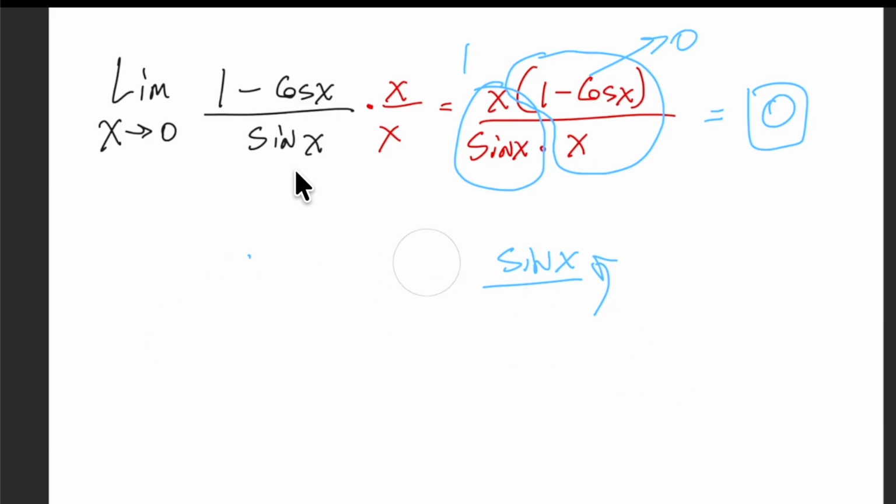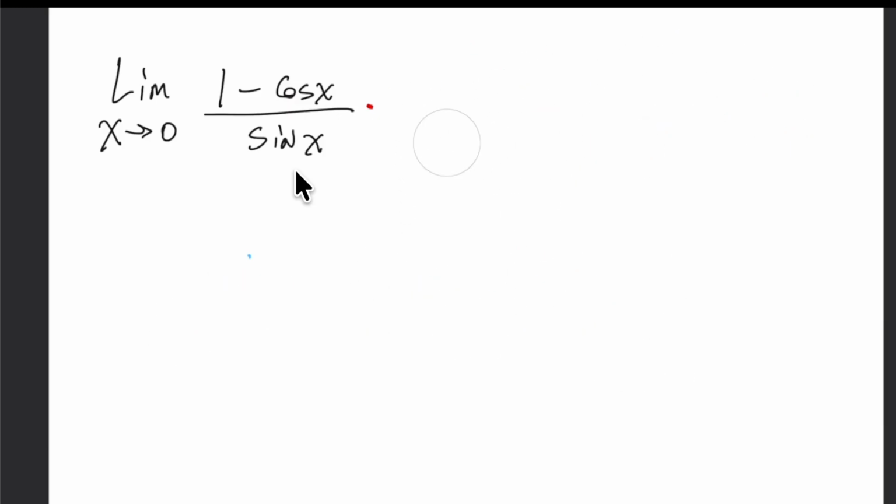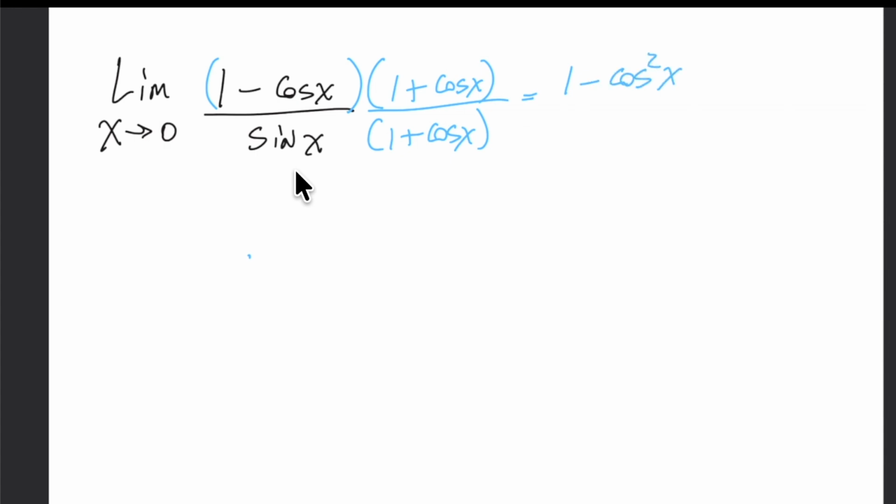Another way to do this is to use the conjugate. So we could take the top and multiply it by 1 plus cosine x, as well as the bottom. On the top, we're going to get 1 minus cosine squared x. The bottom we're going to leave as factors, 1 plus cosine x.